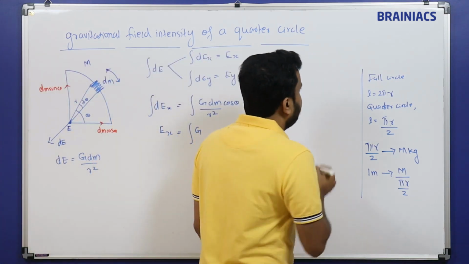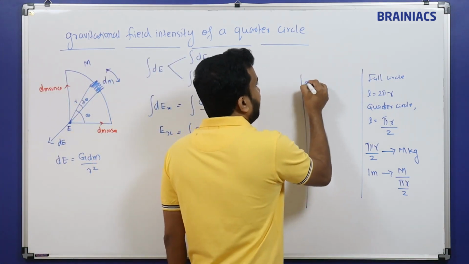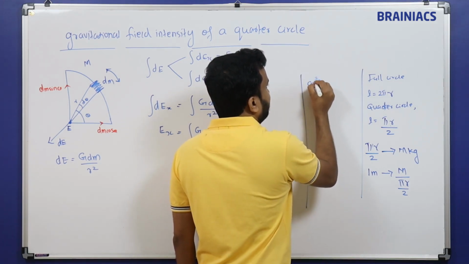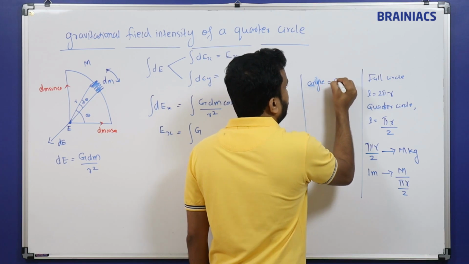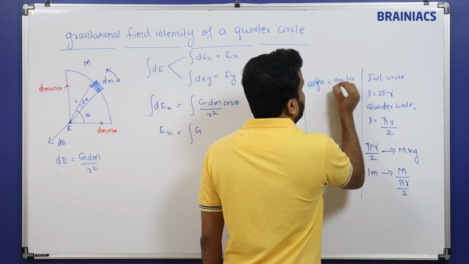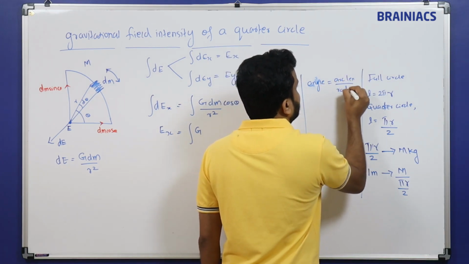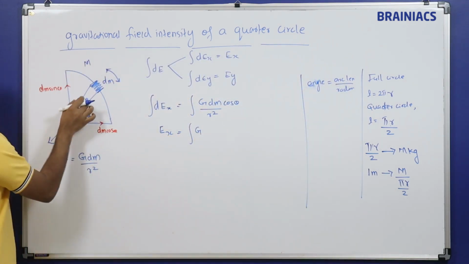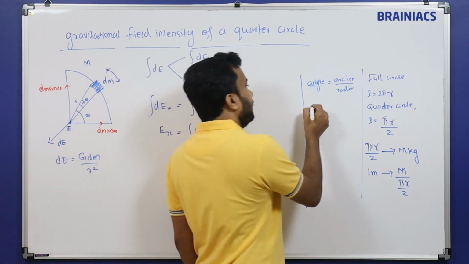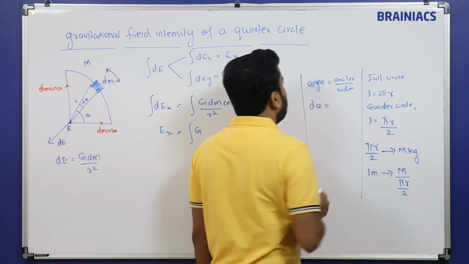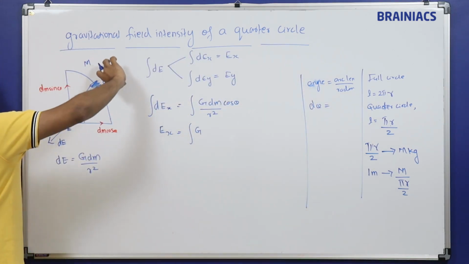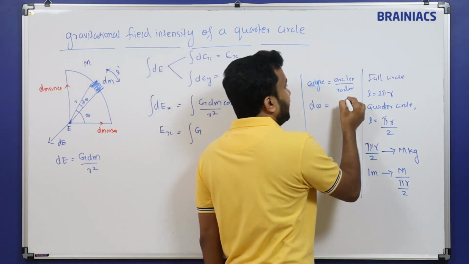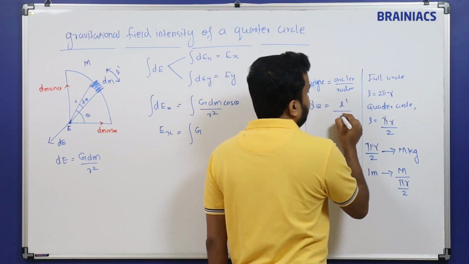So we know from mathematics, angle is equal to arc length divided by radius. What is the small angle called? d theta. So the angle d theta equals the arc length, which I am giving as L dash, divided by the radius r.